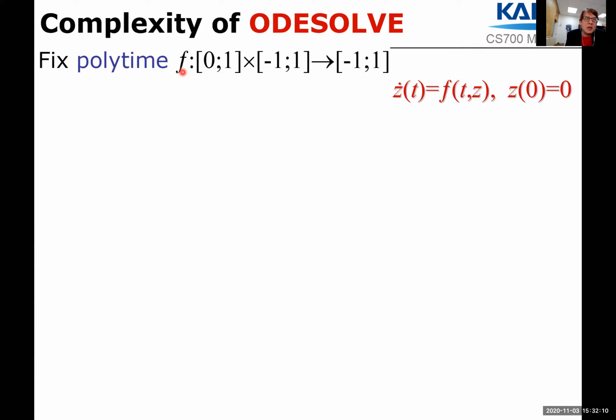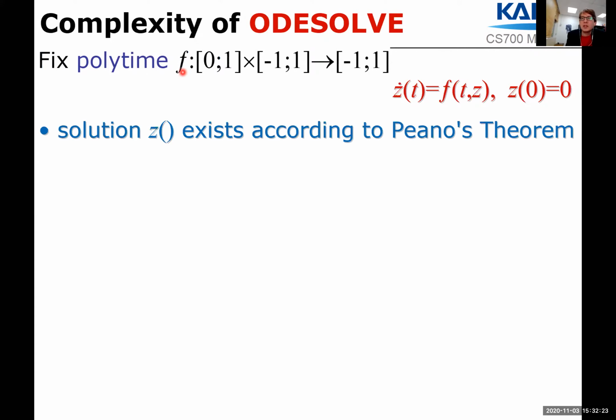But here, who tells us that this ordinary differential equation actually has a solution, and whether the solution is unique? The fact that it has a solution is what is guaranteed by Peano's theorem.